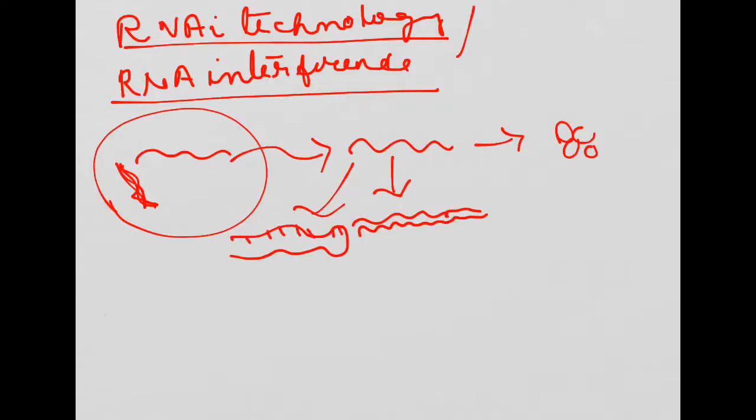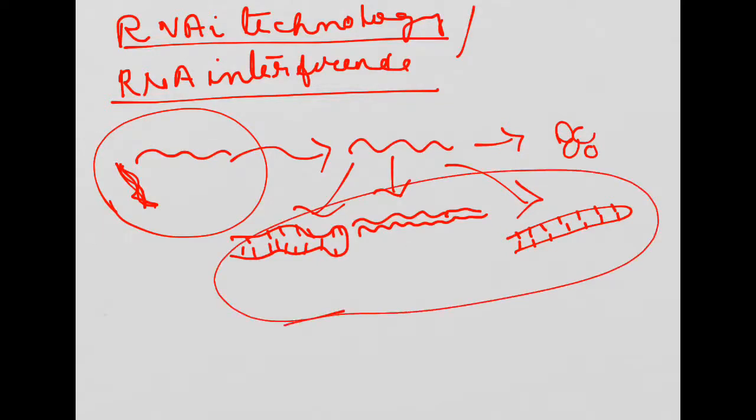They will bend and bind with each other and form a loop-like structure, or they might form a hairpin-like structure like this because of the presence of repetitive sequences, such as in the case of transposons, inverted sequences, and all. They can form different double-stranded structures. These are double-stranded RNA molecules.